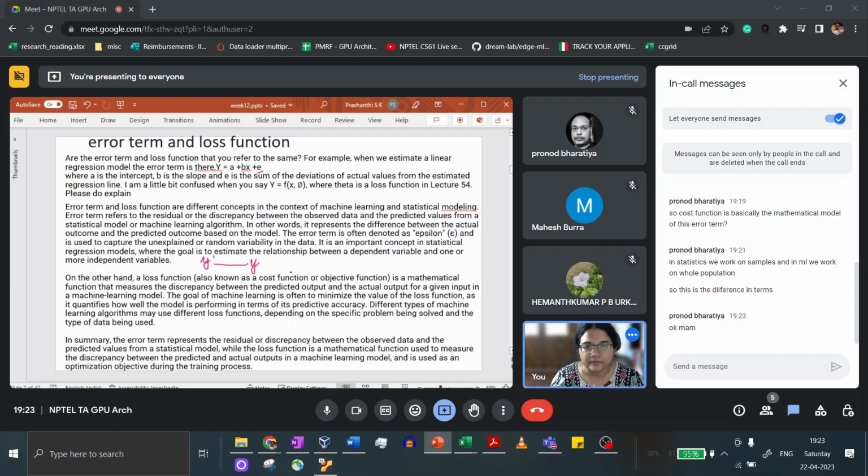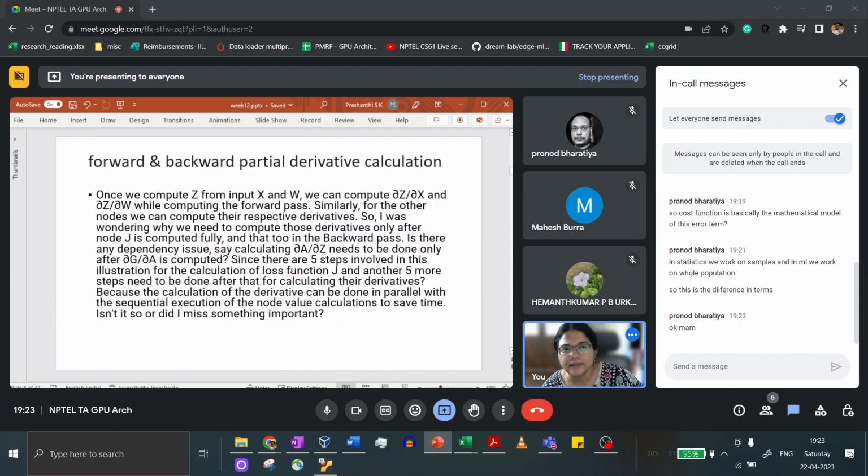Okay, continuing. So this person was asking, why do you need to compute the partial derivatives during the backward pass? Why can't you do it during the forward pass? Is there any dependency issue, say calculating ∂A/∂Z needs to be done only after ∂G/∂A is computed?